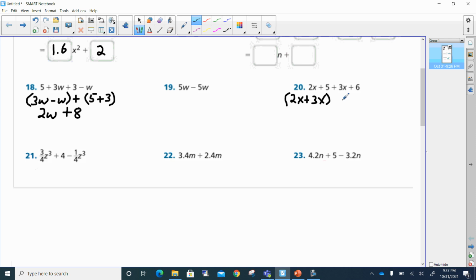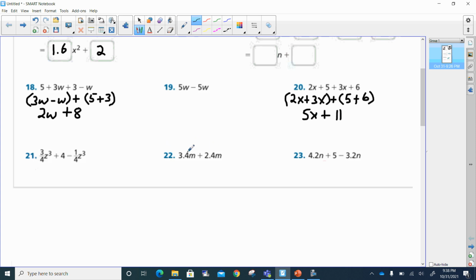I'm going to put my 5 plus 6 over here. 2x plus 3x, well, that's 5x. And 5 plus 6 is 11. So that'll give us 5x plus 11.